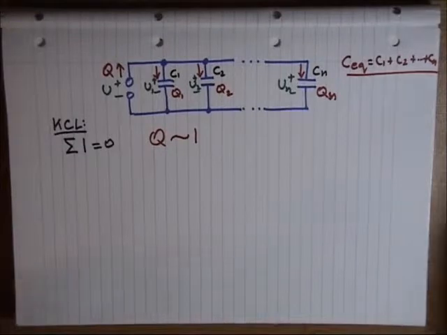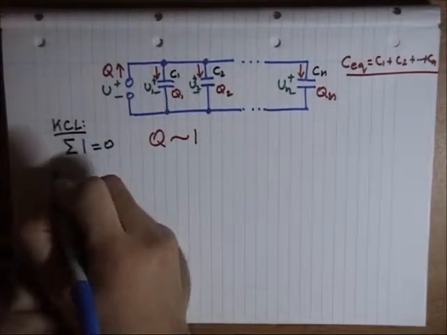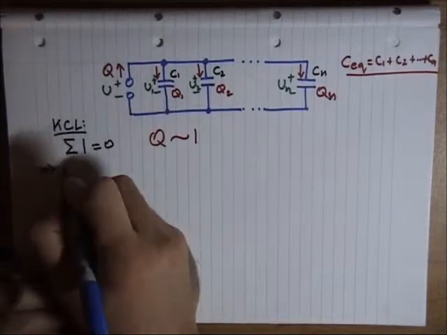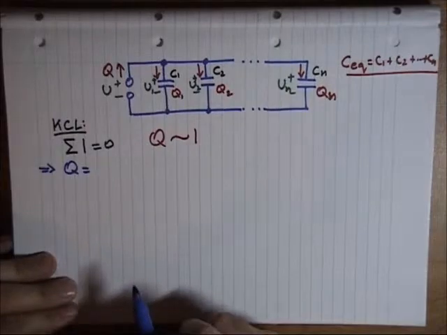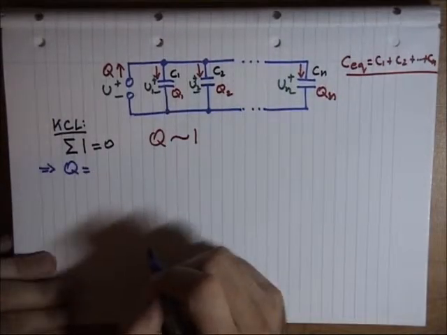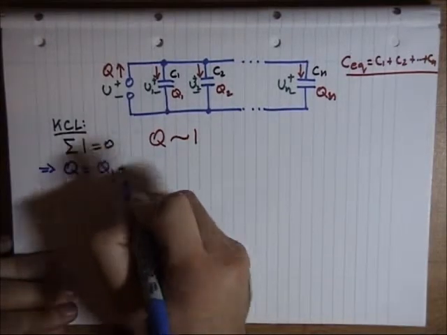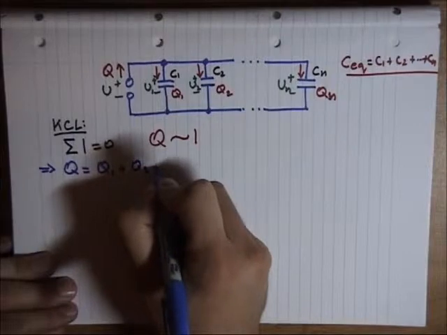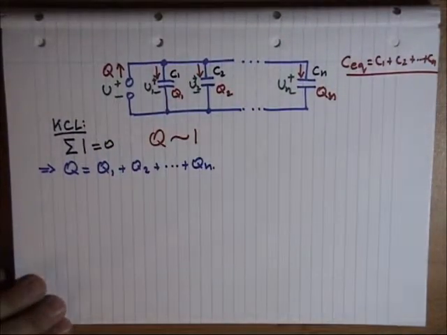So in the case of capacitors, we have that the total charge of our circuit is going to be equal to the sum of Q1 plus Q2 plus Qn.